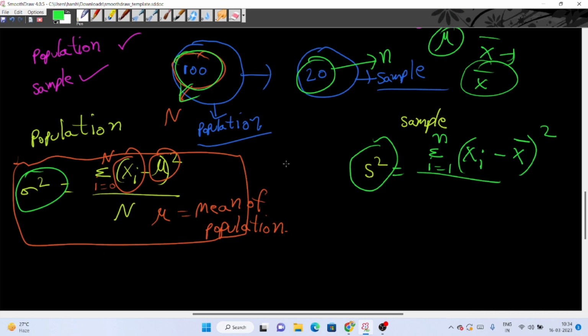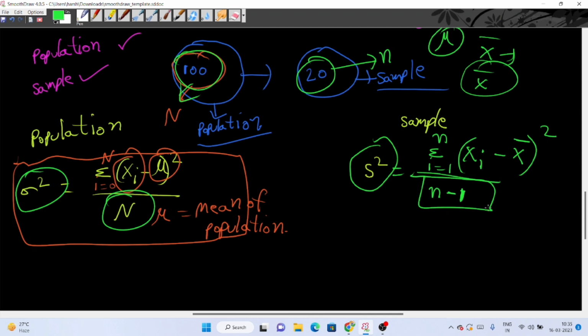But here we have one difference: in population, while calculating the variance, we use the total number of data points, but here we only use n minus 1, because while doing a sample, we will lose some degree of freedom. In order to cancel those fluctuations, it is better to use n minus 1 instead of n. And it is not only better, it is compulsory that we use n minus 1.